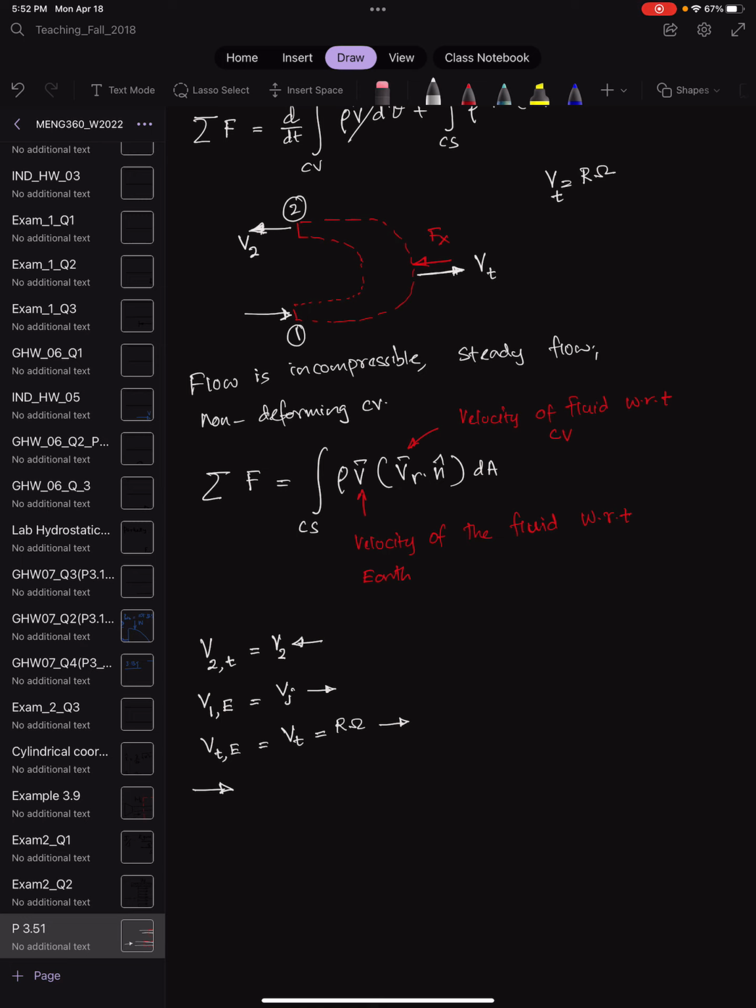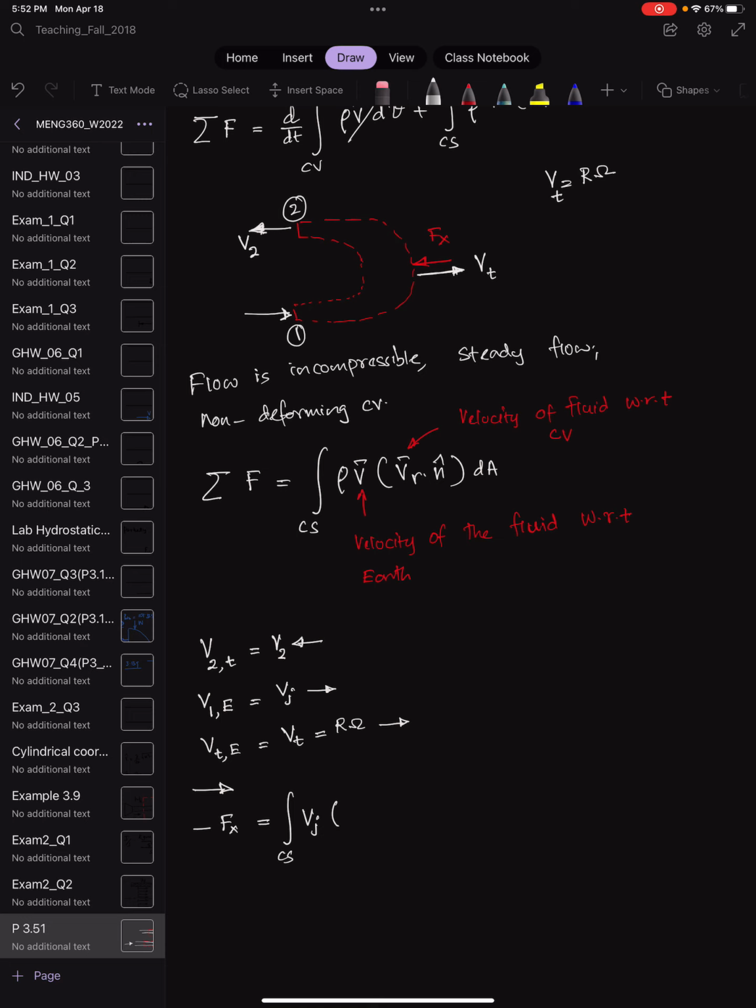So we have negative Fx equal to the integral, where the velocity with respect to Earth is Vj, and vr is the velocity at this point with respect to the turbine.